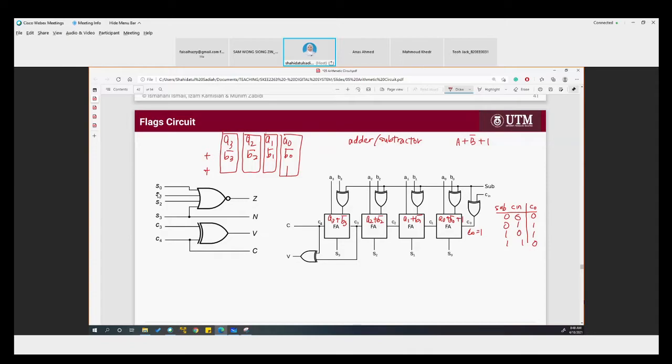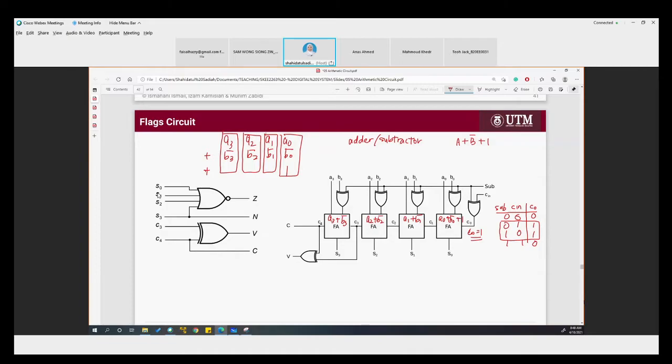Okay, and in order to make the C0 1, the condition is these two conditions. If sub is 0 and C in is 1, or if sub is 1 and C in is 0, then we can have the third input as 1 here, the C0 equal to 1.